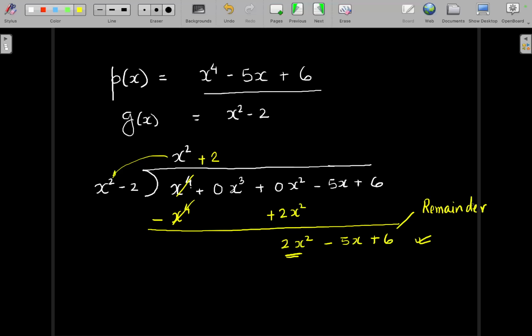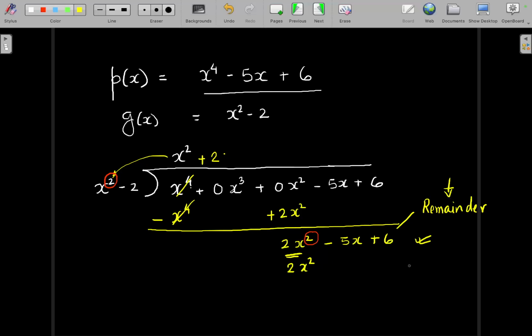You can see here right now the degree is 2, and this degree is also 2, and if they're equal we have to continue. We have to go on till the degree on the remainder side is strictly less than the degree of the divisor.